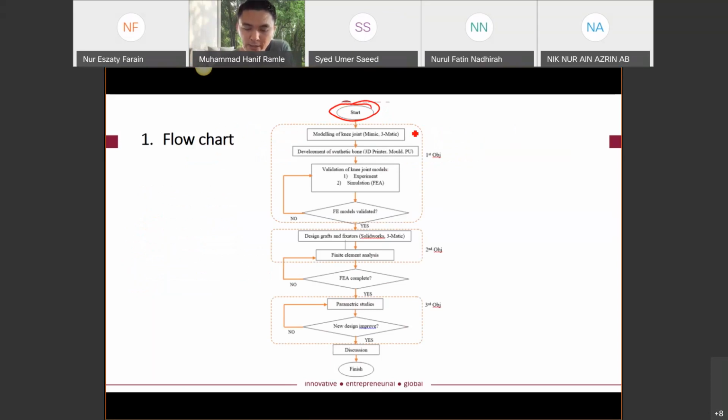So 3D modeling, development of 3D bones, for example. Then validation, because for simulation we normally do have a validation. In some cases you have to validate your results, to make sure your result is accurate enough to be presented in the papers, in the Viva, and so on.